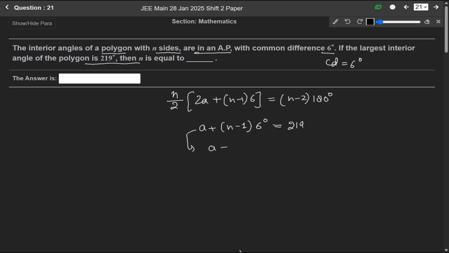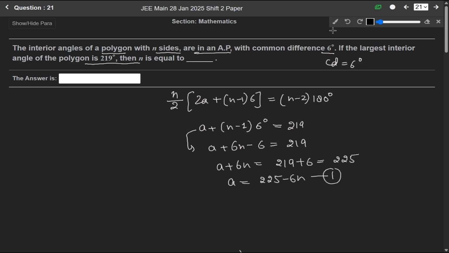It will be a plus 6n minus 6 equals 219. So a plus 6n will be equal to 219 plus 6, which means 225. So from here, a will be equal to 225 minus 6n. Let us say it is equation number 1.